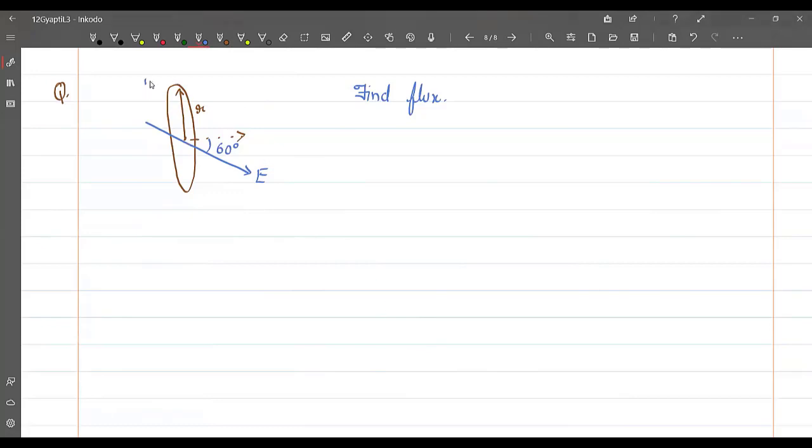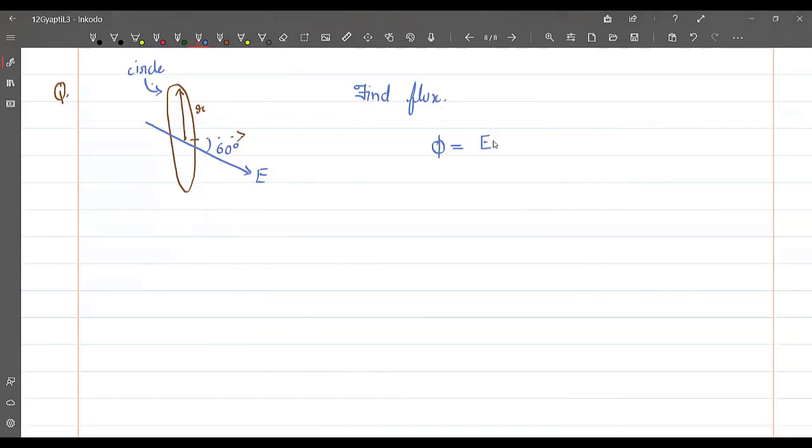This is a circle. Rishit, can you tell me the value of flux here? E pi r square.